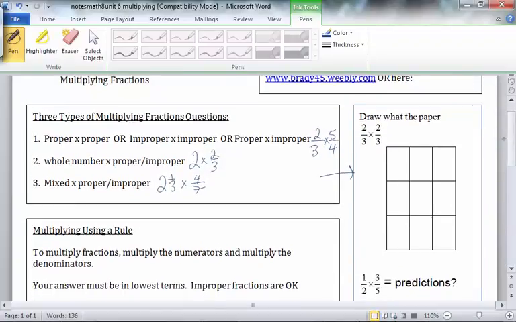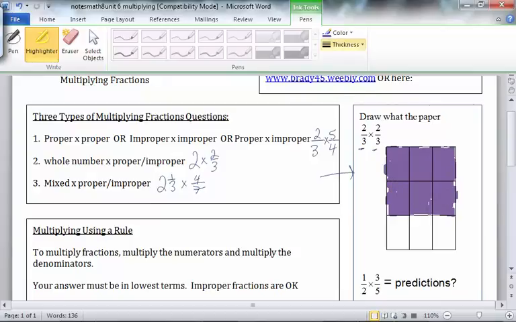Now for this question, let's say we had a piece of paper divided into 9 different boxes. I want to represent 2/3 times 2/3. Let's color in 1/3, one row, and 2/3 would be the other row. So that's 2/3 of the boxes colored.